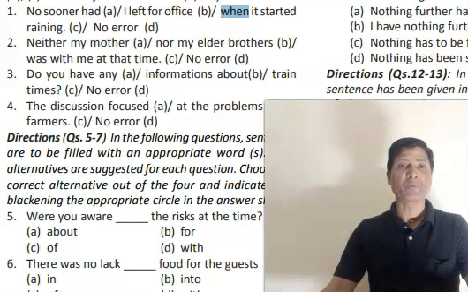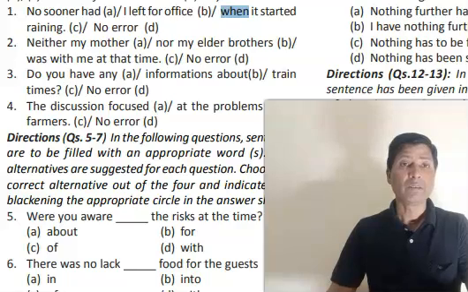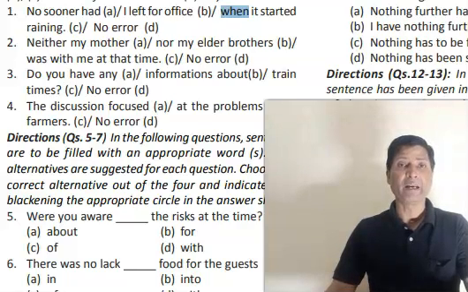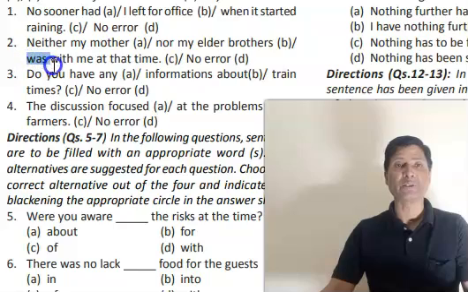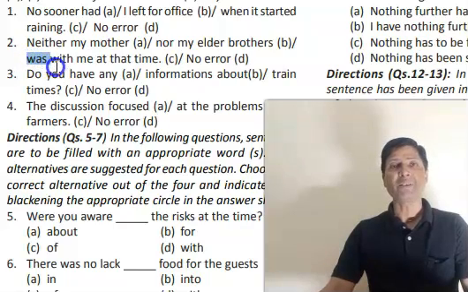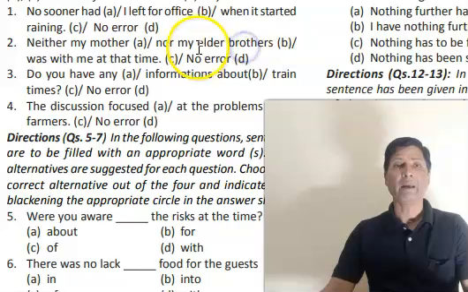Look at question number 2. Neither my mother nor my elder brothers was with me at the time. No error. Here in this question, the word was is wrong, because its subject, my elder brothers, is plural.